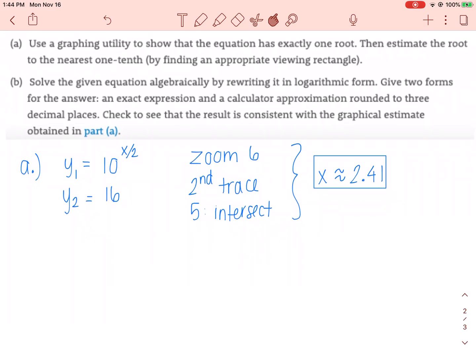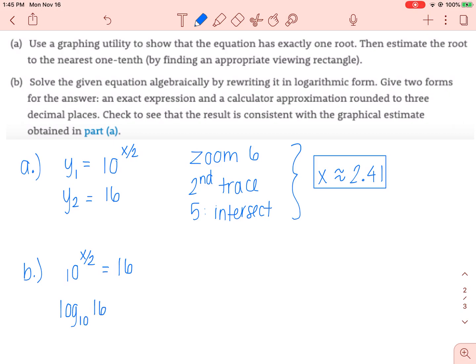Then part B wants you to actually solve the entire thing, but algebraically, by rewriting it in logarithmic form. Okay, so right now I can tell I am in exponential form because I have that exponent. So my first thing is going to transform it into log. That means my base is going to be 10.